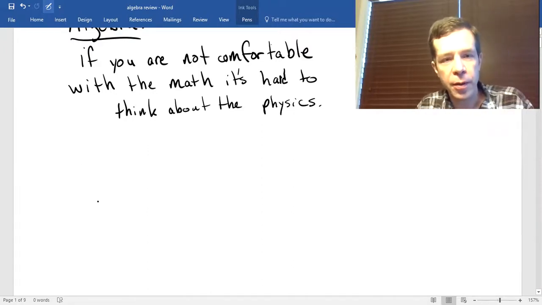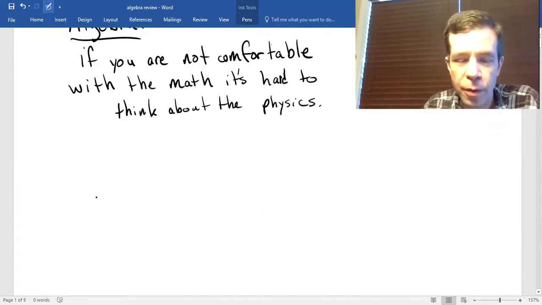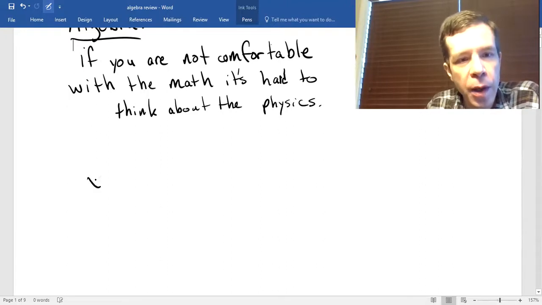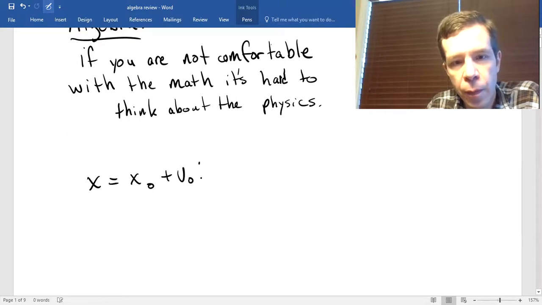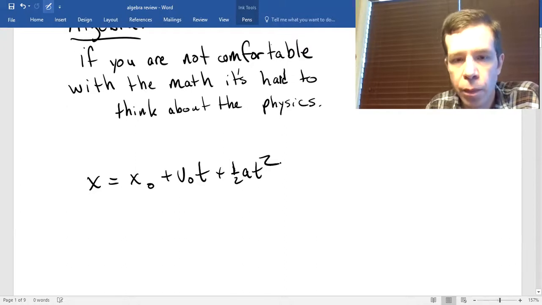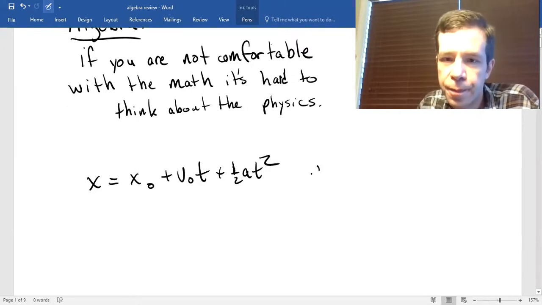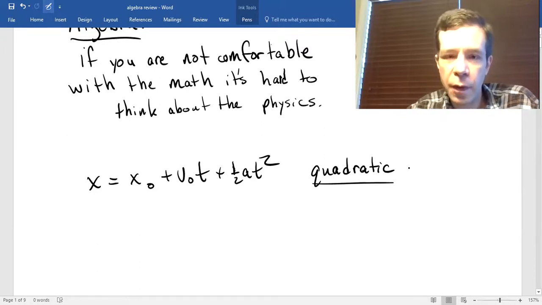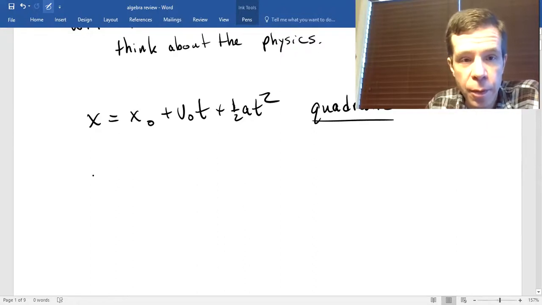We've already talked about, or if you're watching these in a different order, maybe not, but the position equation for kinematics is a quadratic. That means there are cases where we might have to use the quadratic formula to find time.